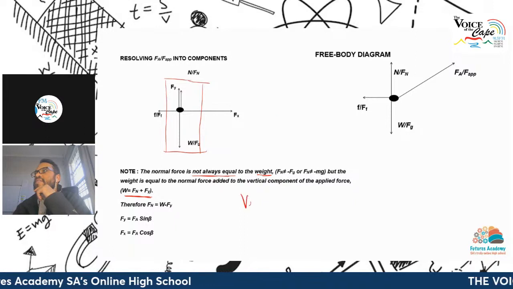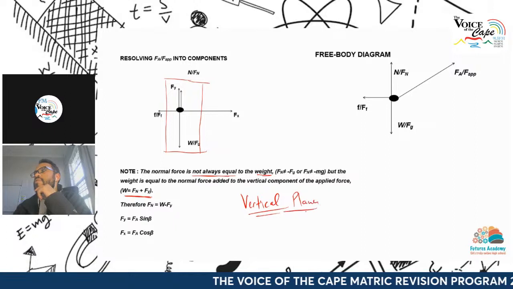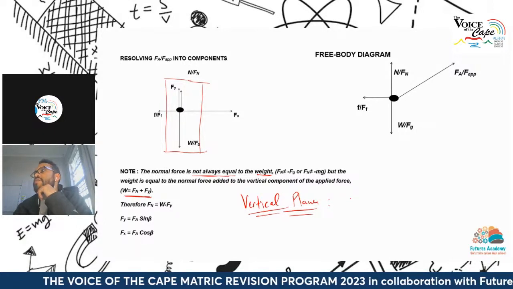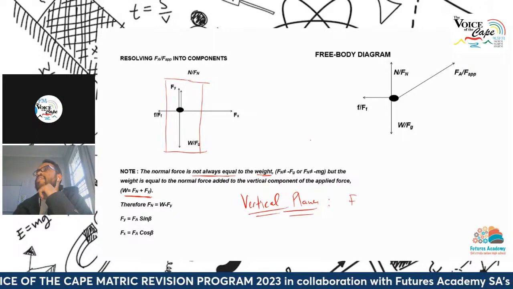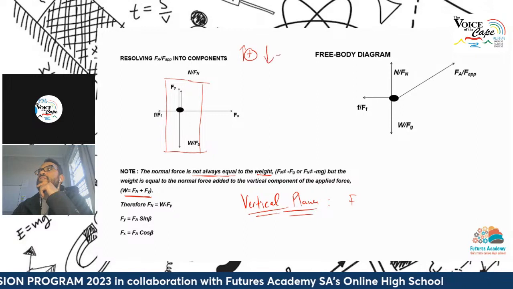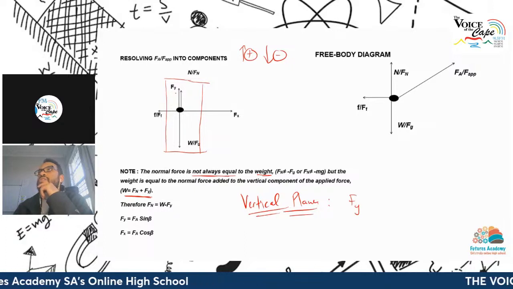Let's indicate this. In our vertical plane, what are the forces that we have there in the y direction? So we've got, let's also choose a reference system. I'm going to take up as positive and take down as negative, right? So I've got Fy, that's our applied component there.